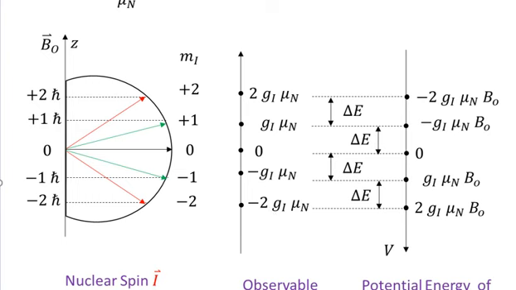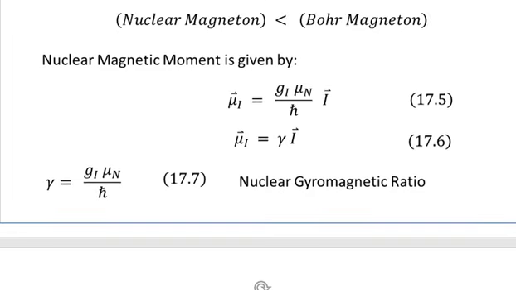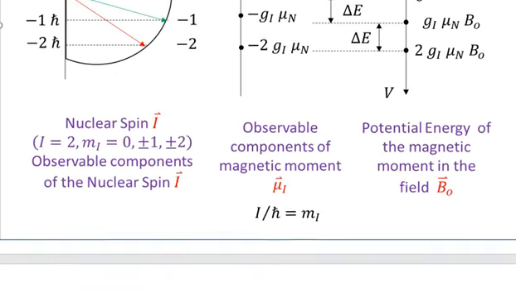And you know that if you plug in these values and the values of mu I in equation number 5, on the right hand side you have gI mu N over h bar into I. And you know that I over h bar can be written as mI. For example, here in this figure you can see that.